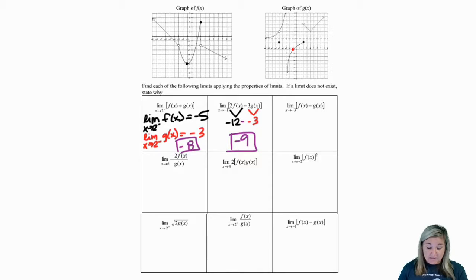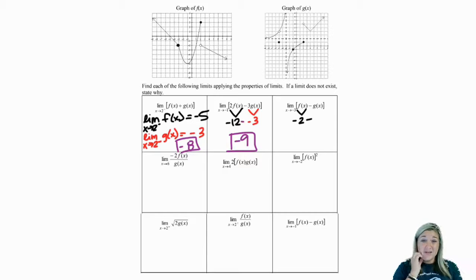Now the limit as x approaches negative 3 of f of x minus g of x. For f of x, you get negative 2. Even though there's a hole there, remember the limits from the left and the right are still there. So that's going to be negative 2. So this piece right here is negative 2 minus, and then g of x at negative 3.